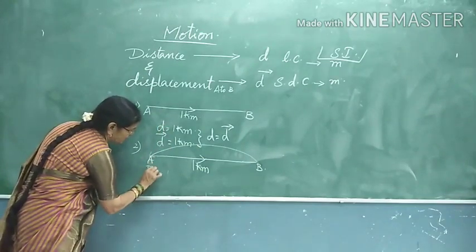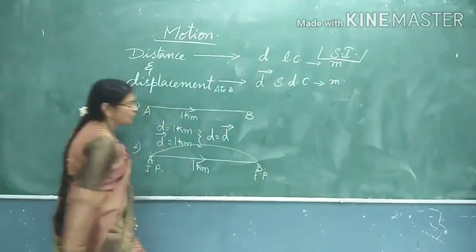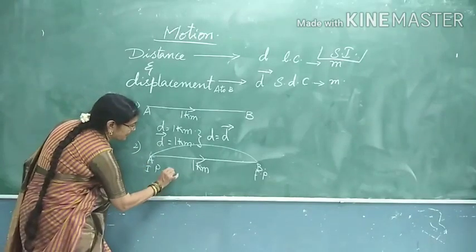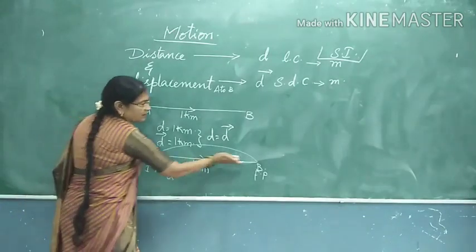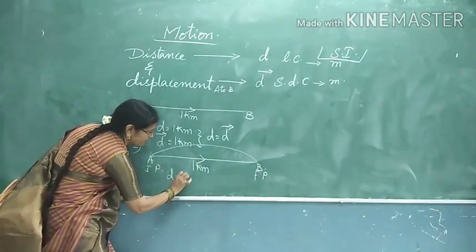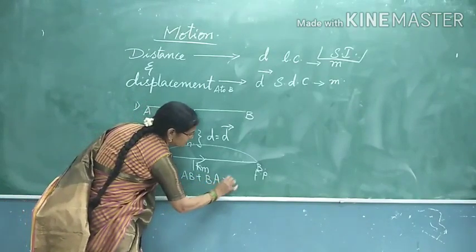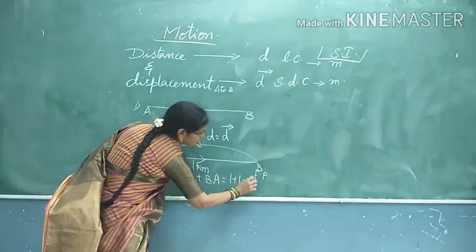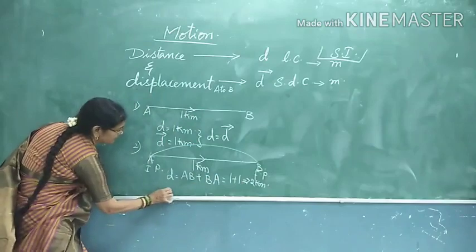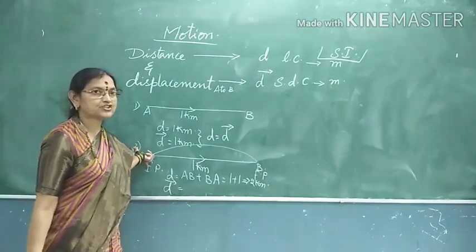A is the initial position and the final position is B. So, when you are talking about distance covered, it is going A to B, again coming from B to A. So distance covered is equal to AB plus BA, that is 1 plus 1 equals 2 kilometers. Whereas displacement is equal to the shortest distance from initial to final position.